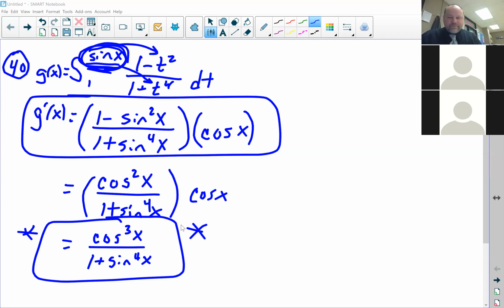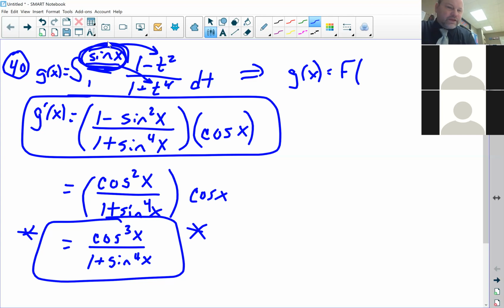Yeah, I didn't realize I needed to do the times cosine chain rule thing. Yep. So, if you think about it, what's happening is when you do the integral, g of x is some big function, and it's evaluated at sine x minus whatever that big function is evaluated at 1.